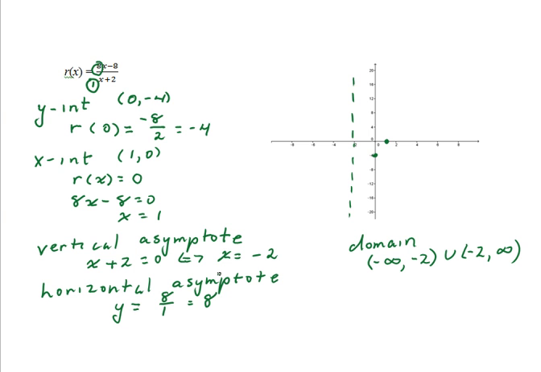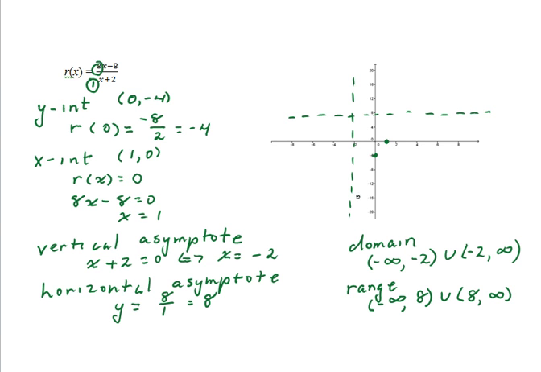Y equals 8 is the horizontal line, eight units above the x-axis. We then know that the range is all real values except for 8. So negative infinity to 8 union 8 to infinity.